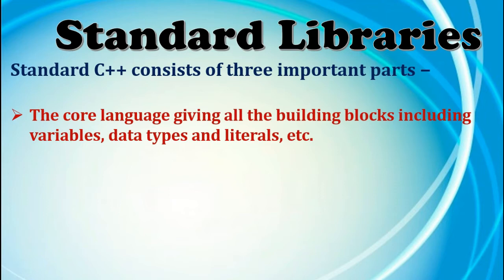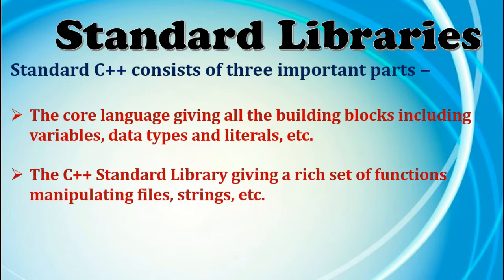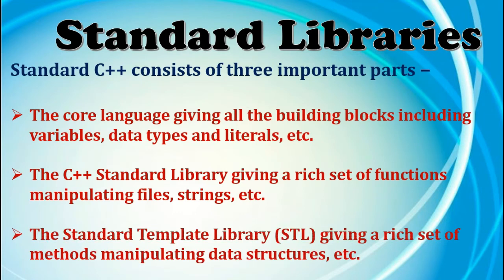The core language, giving all building blocks including variables, data types, and literals, etc. The C++ standard library, giving a rich set of functions manipulating files, strings, etc. The standard template library, STL, giving a rich set of methods manipulating data structures, etc.